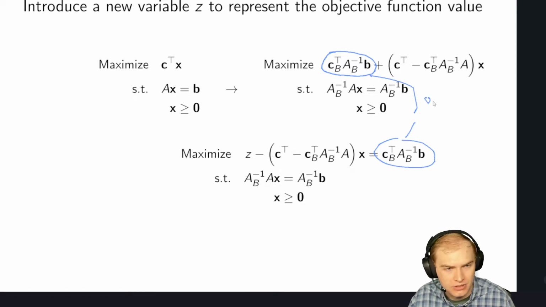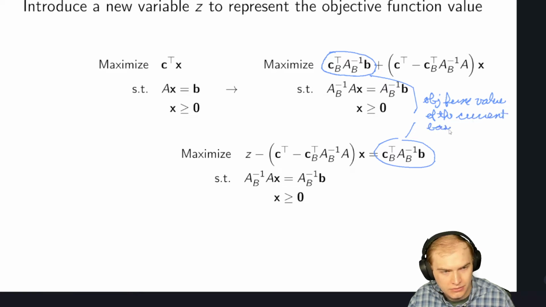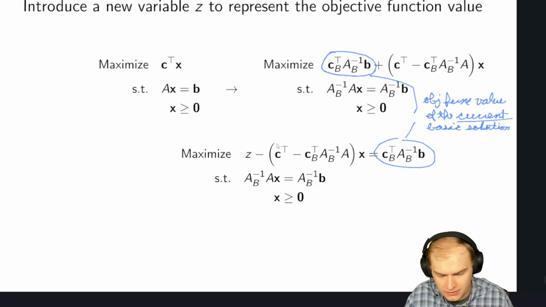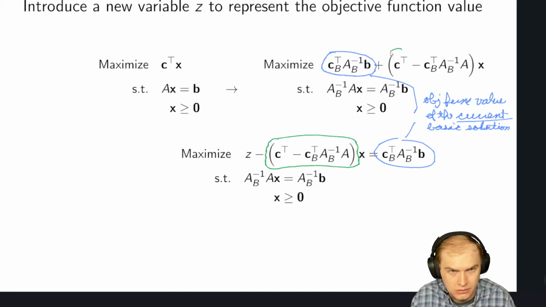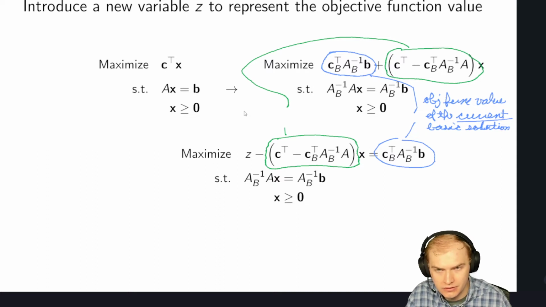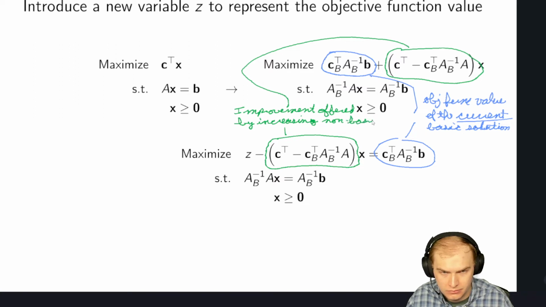This is the objective function value of the current basic solution, whereas this term is the improvement offered by increasing our non-basic variables.